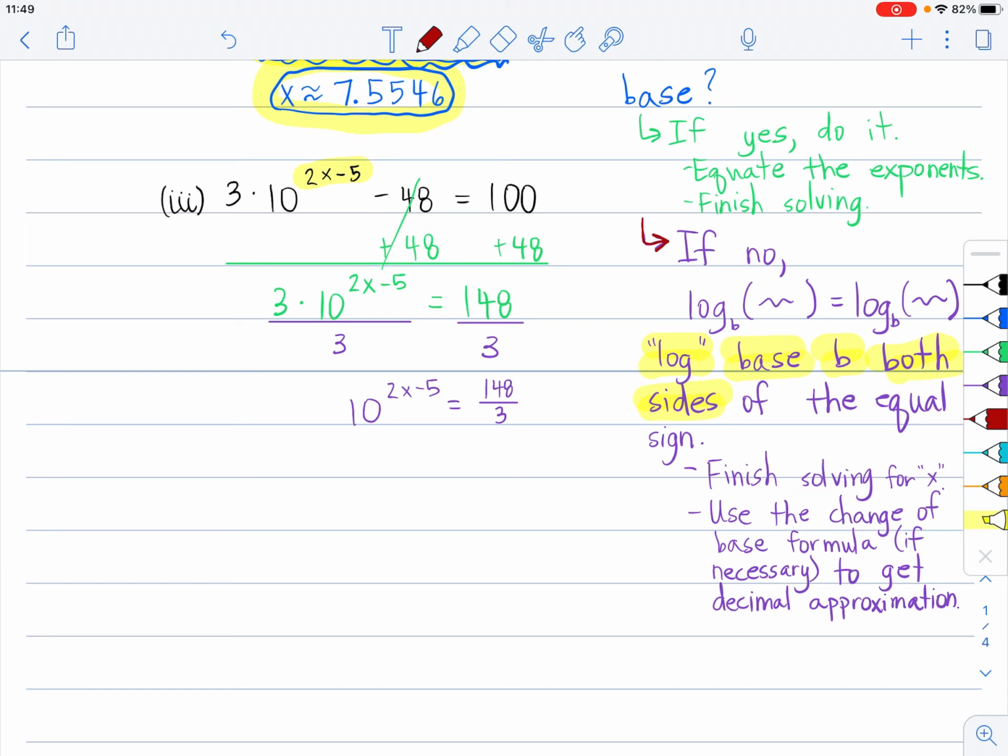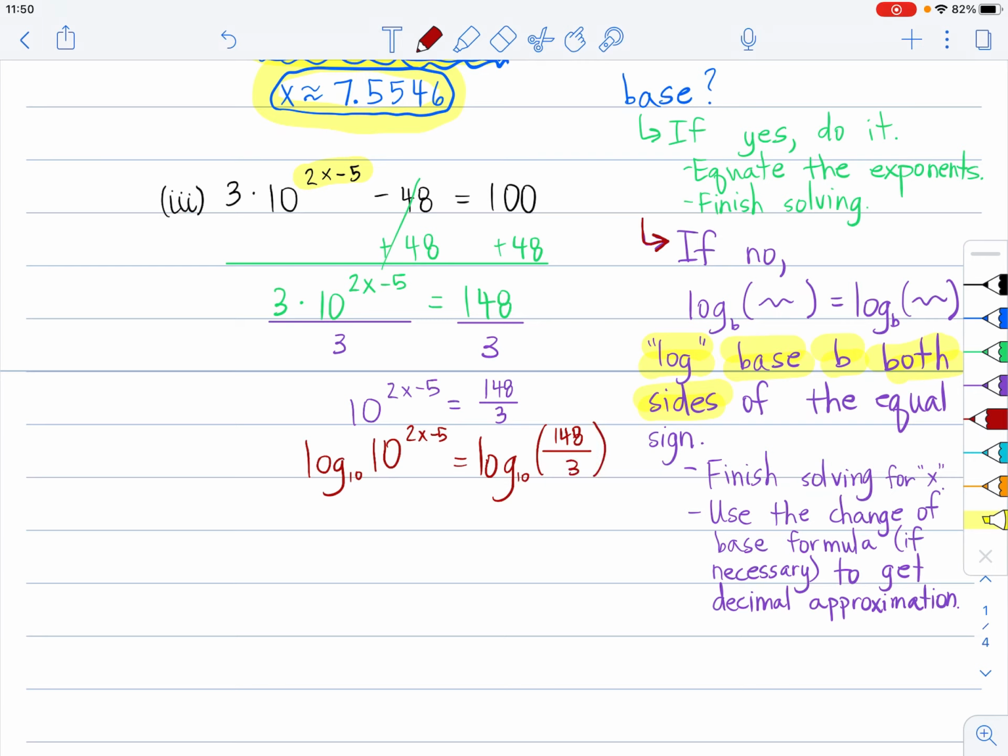Who is my base b this time? My base is 10. So I am going to log base 10, 10 to the 2x minus 5. I do just want to remind you that log base 10 of 148 divided by 3. Log base 10 is not usually written log base 10.